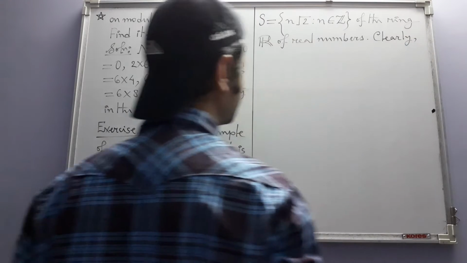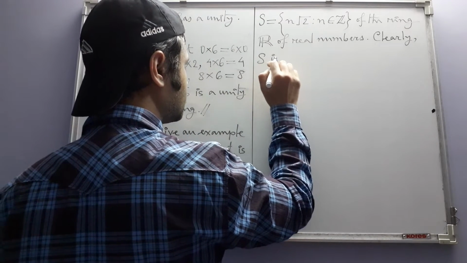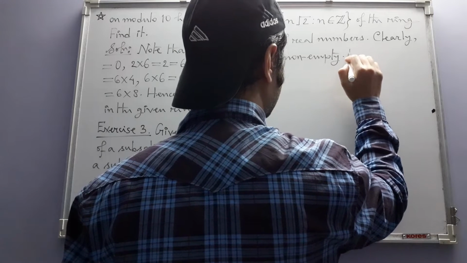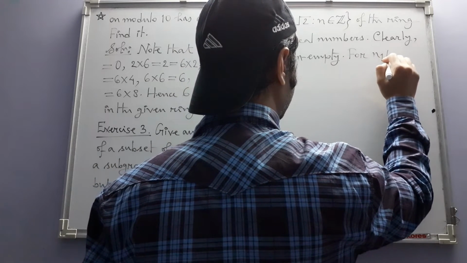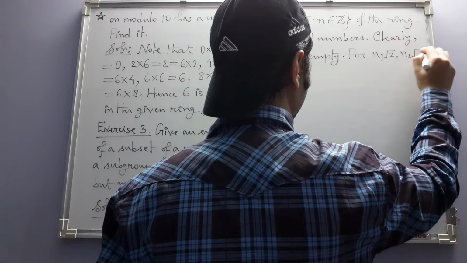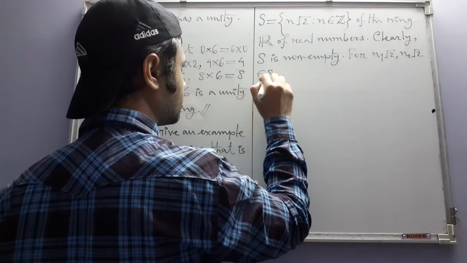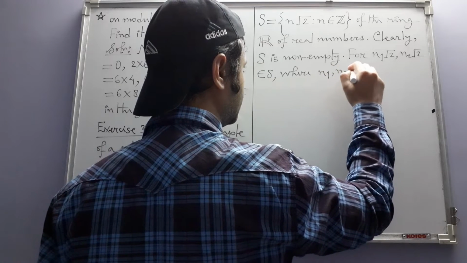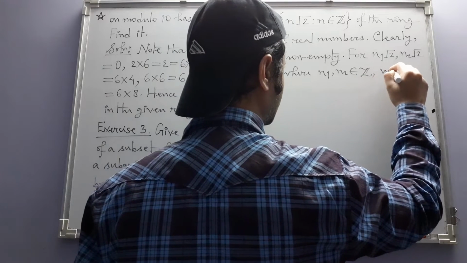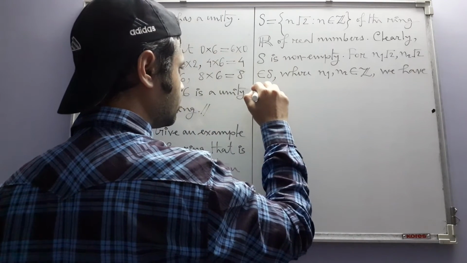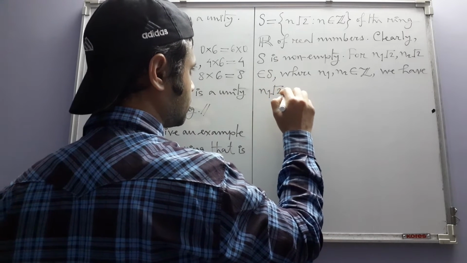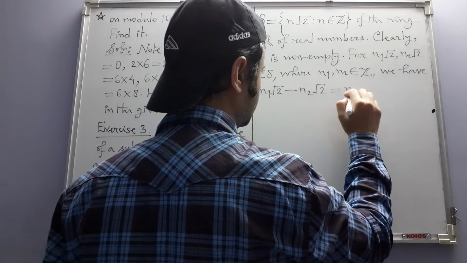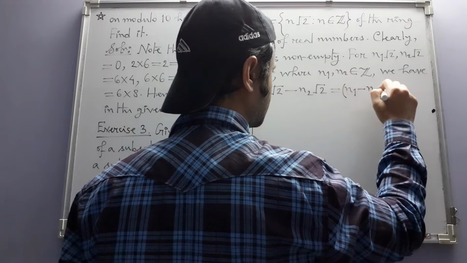Clearly S is non-empty. For n1 root 2 and n2 root 2 belonging to S, where n1 and n2 are integers, we have n1 root 2 minus n2 root 2 equal to n1 minus n2 times root 2.